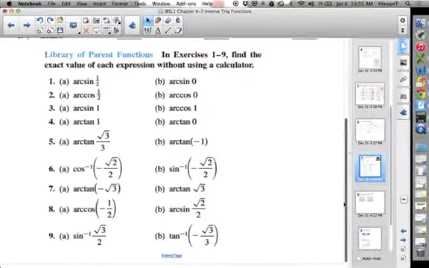Here's the thing. All of these, notice it says without using a calculator. You should be able to do all of these just by knowing the unit circle.